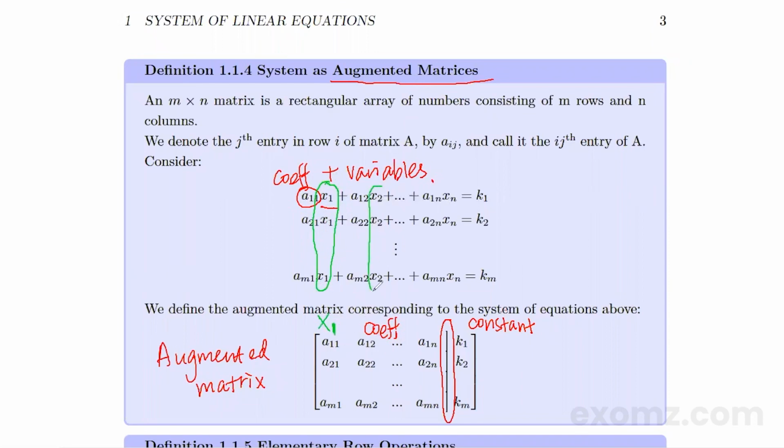For the second column, it's all x2s, and so on and so on. For the last column here, this is for xn. So notice that for an augmented matrix, you don't put the variables or unknowns in the matrix.